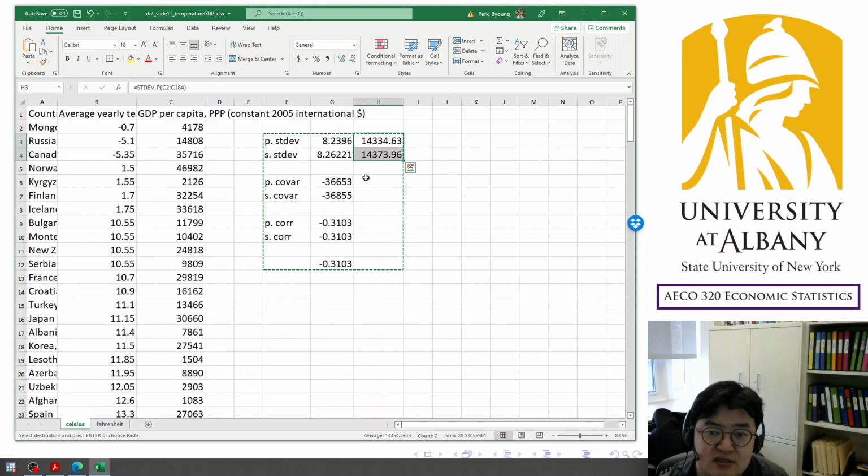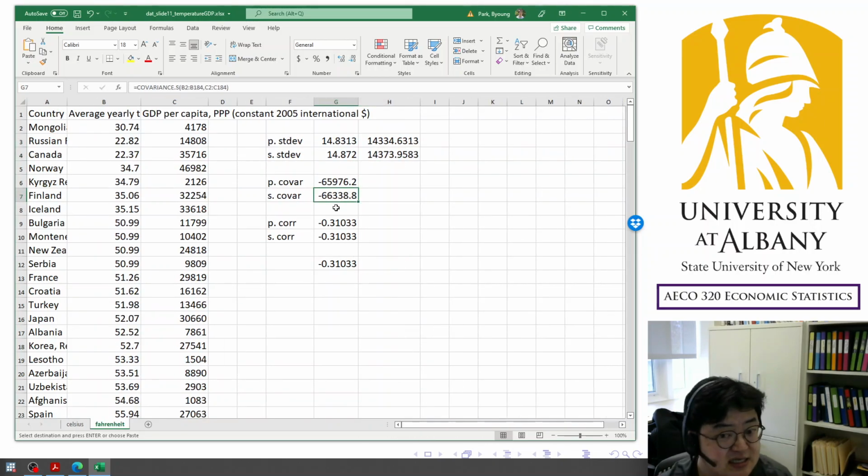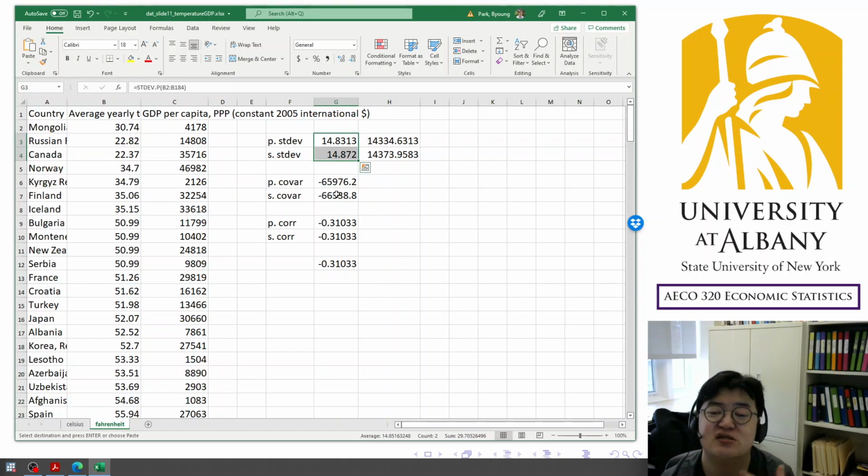It was minus 36,000, but now it is minus 66,000. It increased a lot because it's now in Fahrenheit, right? As much as the standard deviation is inflated, the covariance is also inflated. The inflation rate is the same for standard deviation and covariance, because it went through the same linear transformation in the temperature.